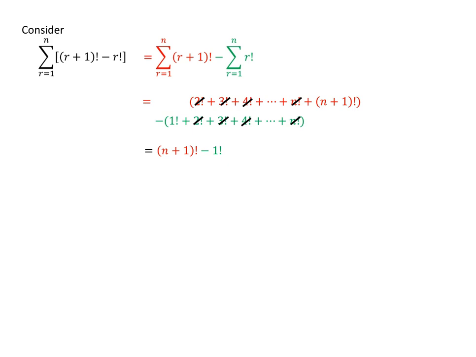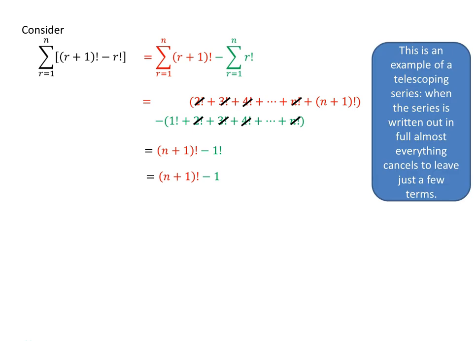So that rather complicated summation that we had, by expanding it, we realised that nearly all of the terms cancelled out, and the whole series cancels down, or if you like, telescopes down, to just give me (n plus 1) factorial, take away 1 factorial, and we know that 1 factorial is 1, so I can say it's (n plus 1) factorial, take away 1.